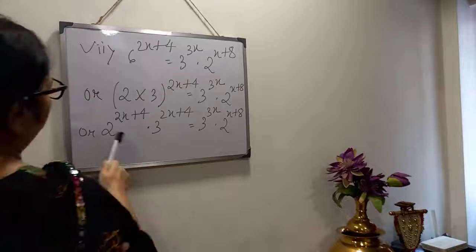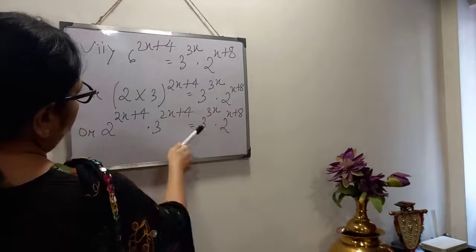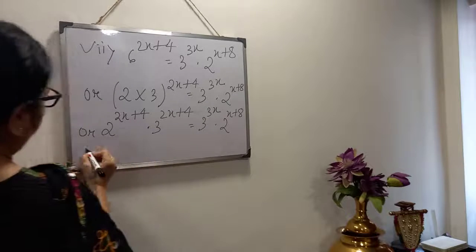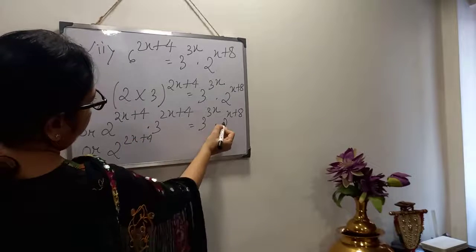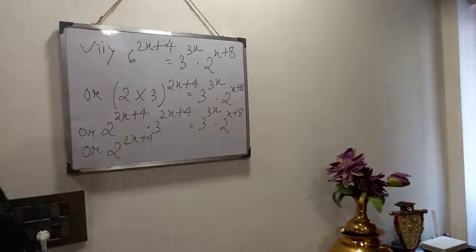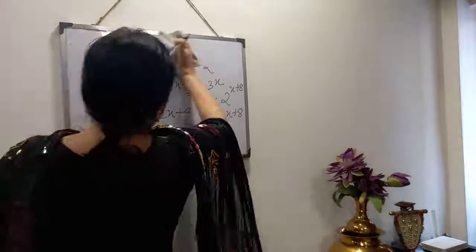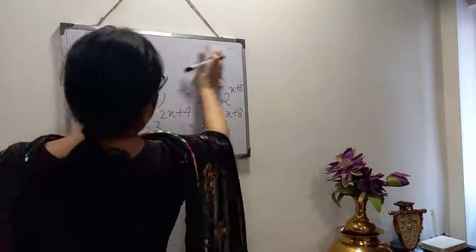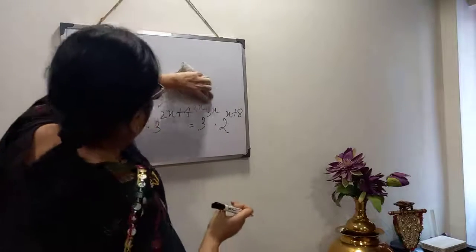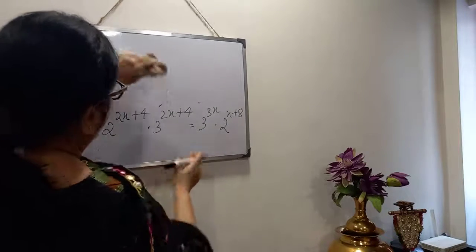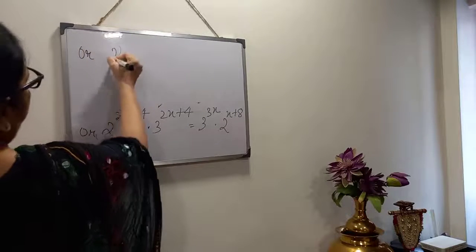Now see what I'll do. 2 related base 2, here also base 2. I'll take one side, base 3, I'll take other side. So these we can write 2x plus 4. I'm writing it here, see. There is 2 and there is 2. So it will become in denominator.